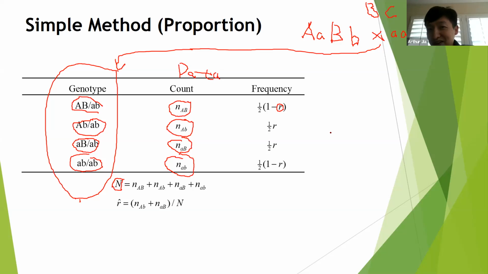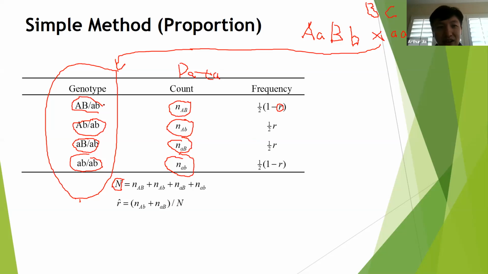This R represents the frequency with which you're going to see a recombinant progeny from the entire group of progeny. It is the fraction or the probability of seeing a recombinant progeny from the pool of progeny. Is that right?